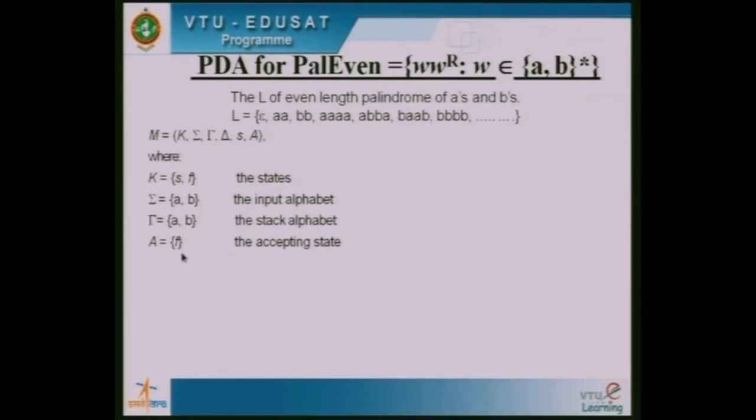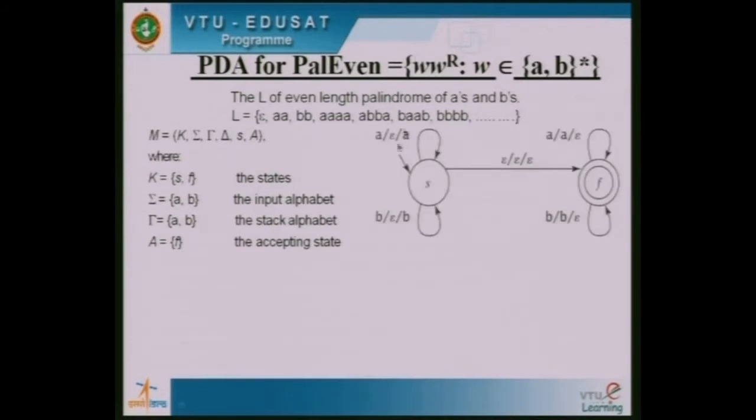So, how do we design a PDA for this particular language? Initially, we are in state S, and until we completely read W, we stay in state S and push all the symbols of this string W into the stack.